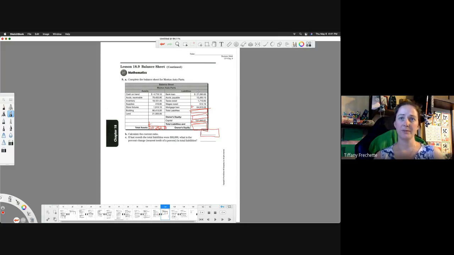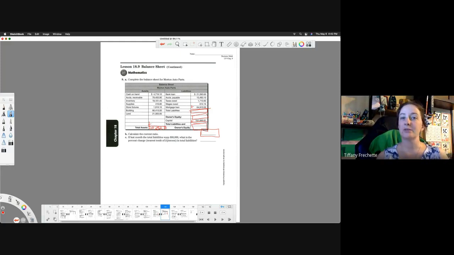For this one, we can estimate this isn't going to be much more than about 100,000, a little bit over that. Our assets were 210,000, so we have a lot of assets and not a whole lot of liabilities compared to the assets. If we're dividing a larger number by a smaller number, we should get a whole number from it, meaning 1, 2, 3, something along those lines.